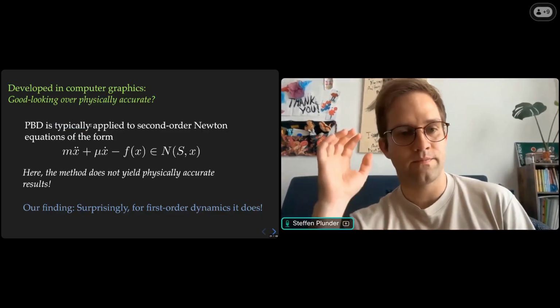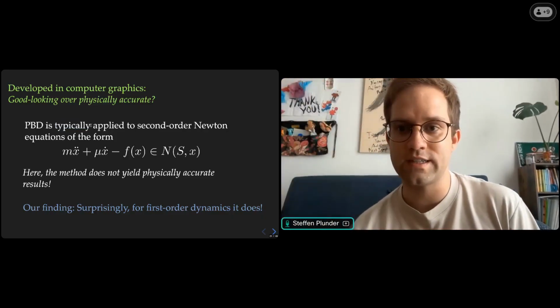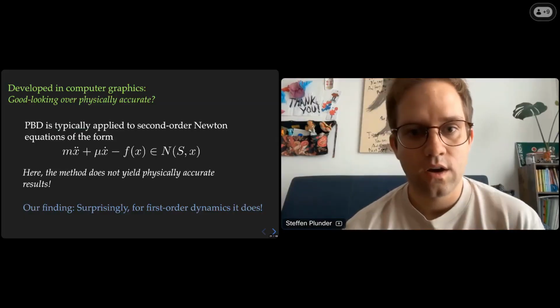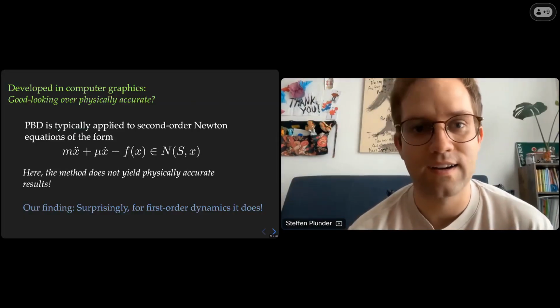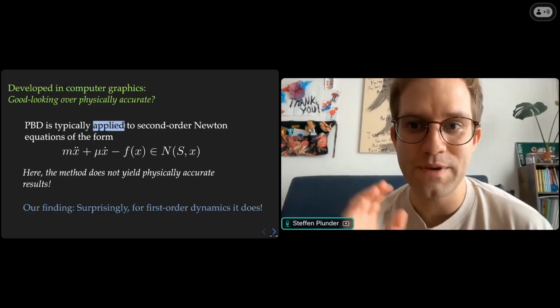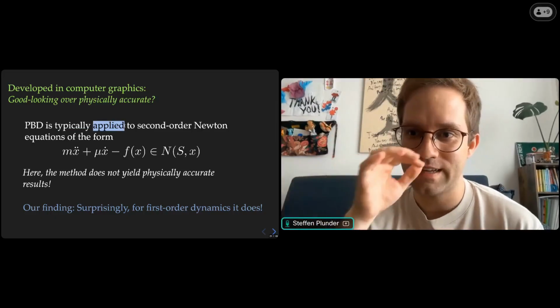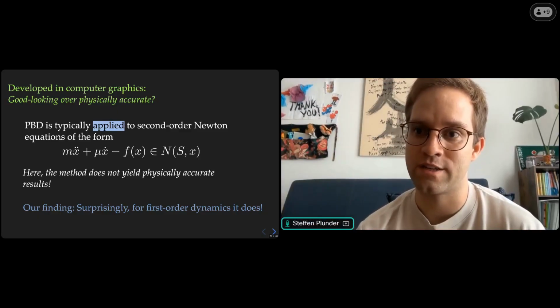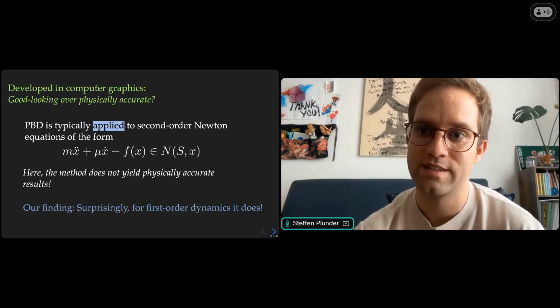So for the physics simulation, the second order is good because you say PBD can be applied to second order, right? This is my definition of good. So people use it and it looks very pretty, but it's not a convergent numerical method because it converges to the wrong limit.